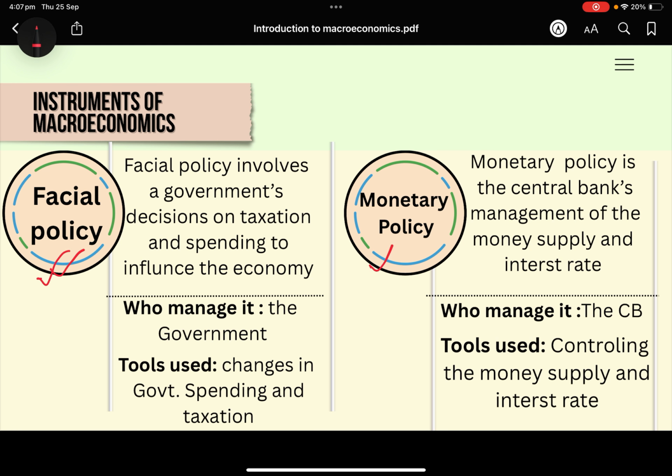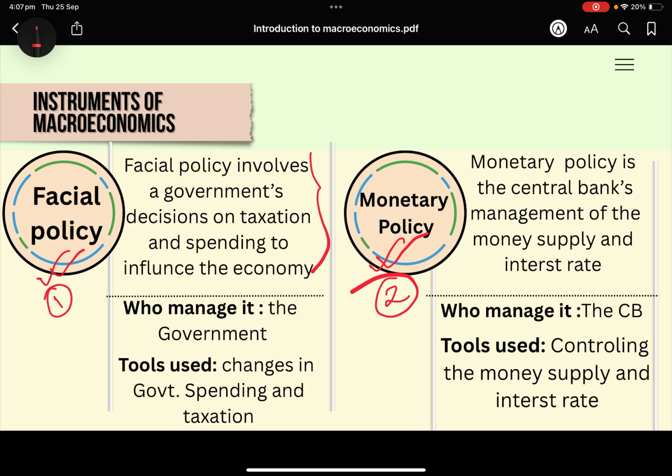There are mainly two tools, or two policies. The first policy is fiscal policy and the second policy is monetary policy. So what actually is fiscal policy? Fiscal policy involves government decisions on taxation and spending to influence the economy. This is mainly the involvement of government in the economy.